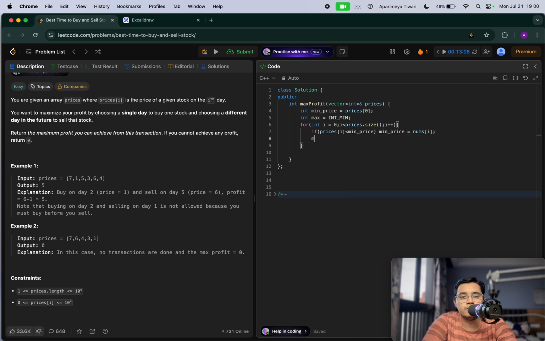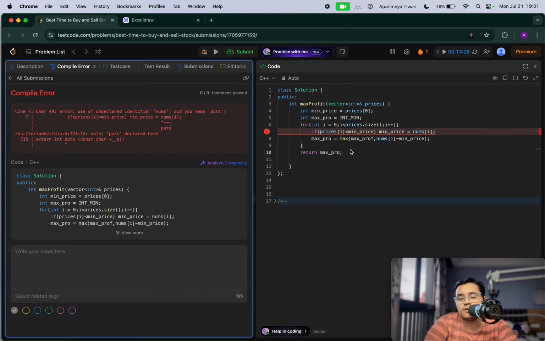We already have a variable for that, so we can say max profit is equal to max of max profit and prices of i minus minimum price. And now we can just end up returning max profit, and this should yield us the required result.